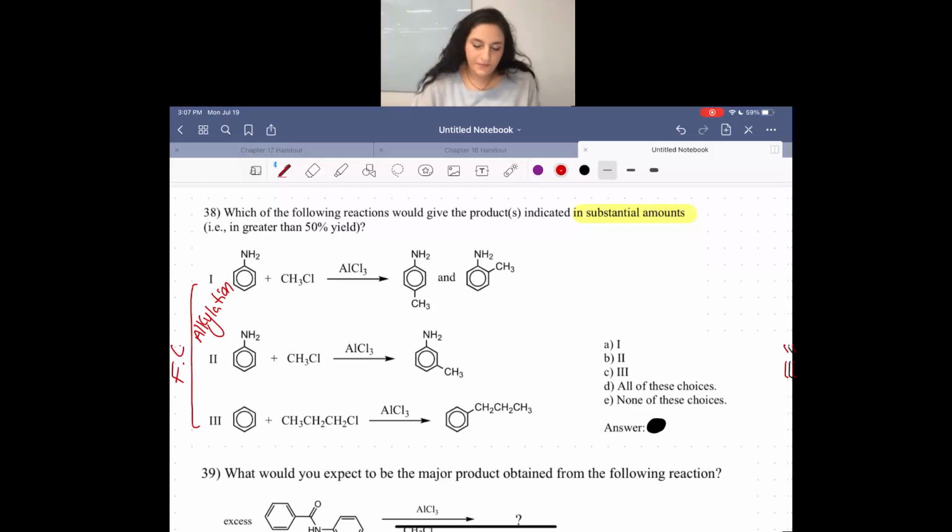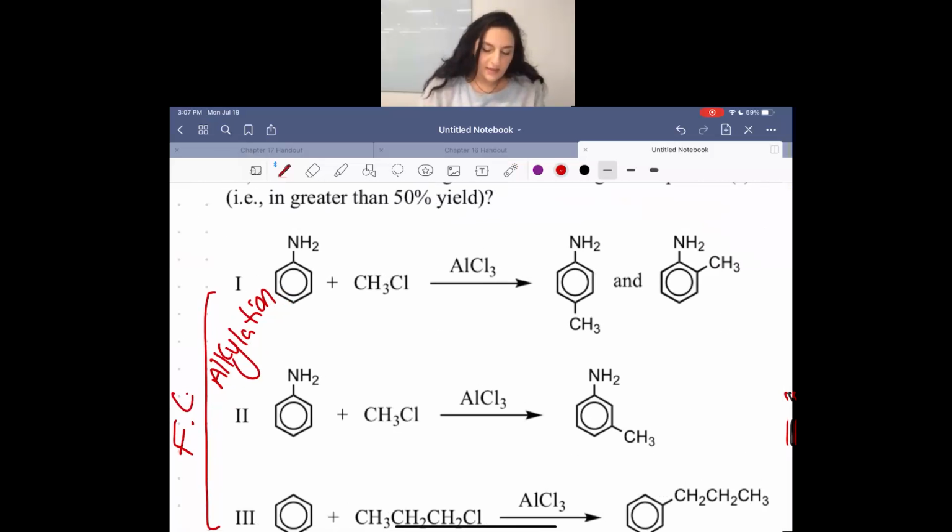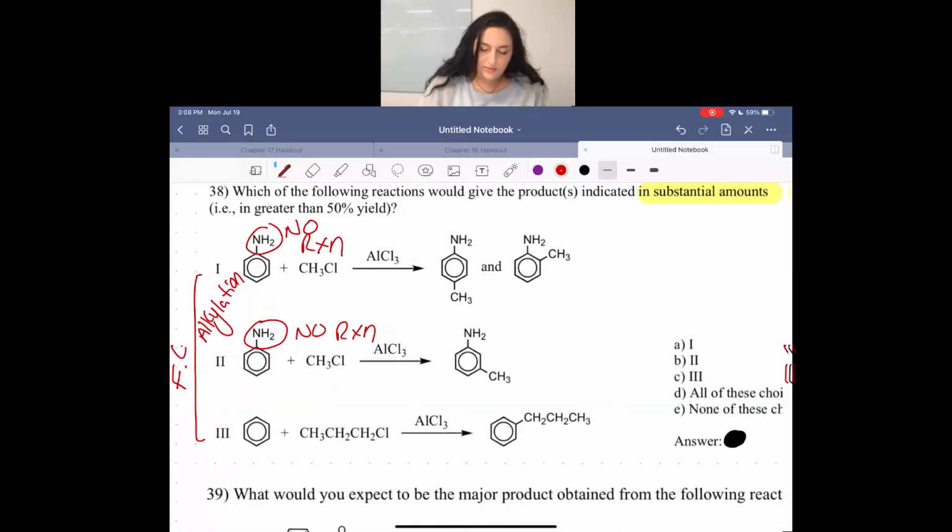And so we see that it's Friedel-Crafts alkylation, and there's NH2 on the ring. Can that happen with NH2 on the ring? No, correct. So NH2 is not a strong deactivator. However, Friedel-Crafts cannot happen. So I'm going to go ahead and circle: no reaction, no reaction. So these two must be wrong, right?